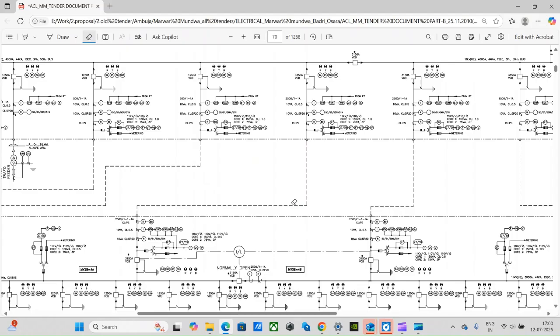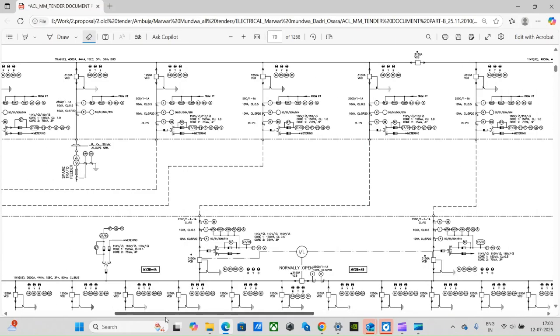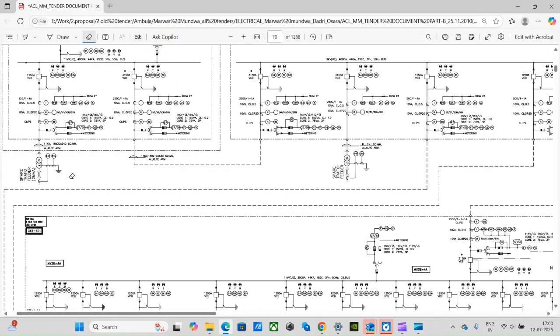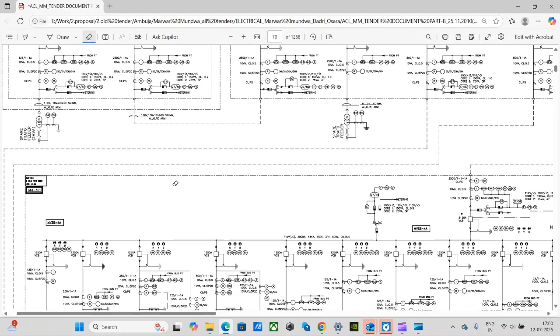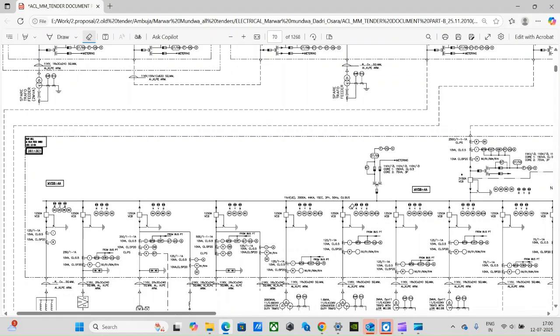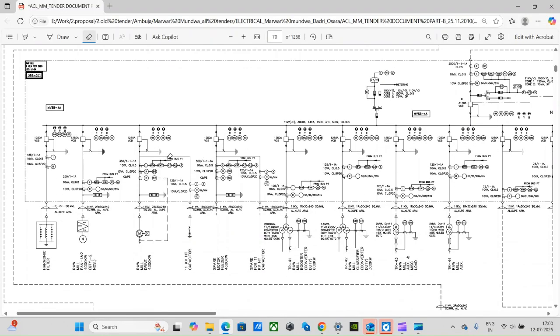This outgoing breaker is connected to this breaker as an incomer, and after that there is further distribution. It is coming to different loads, and also coming to transformers, and from the transformer it is going to the further distribution.